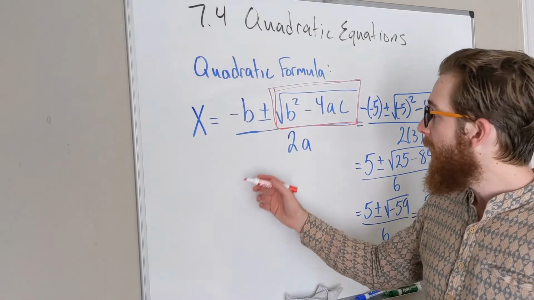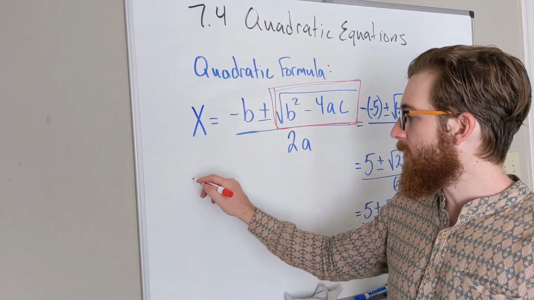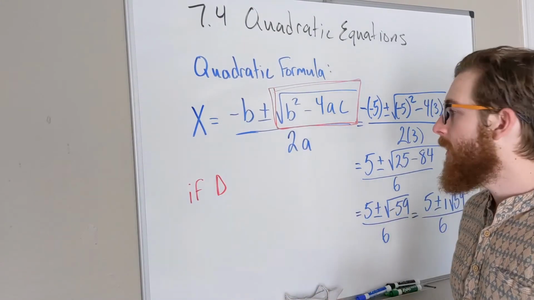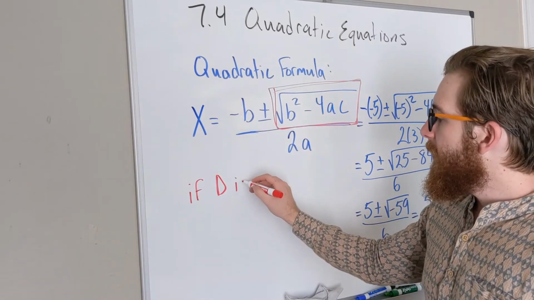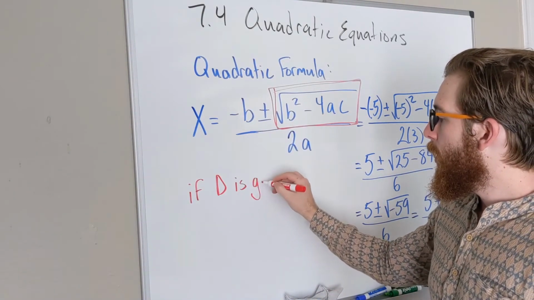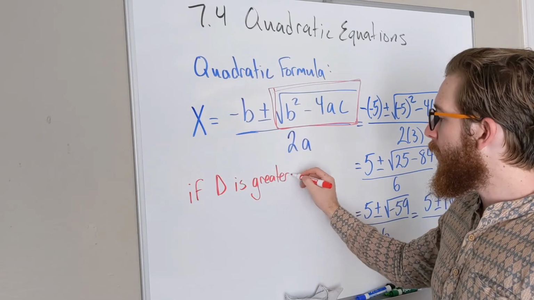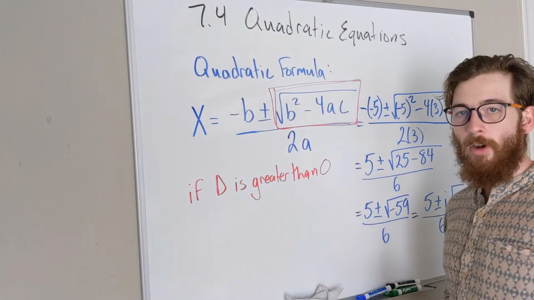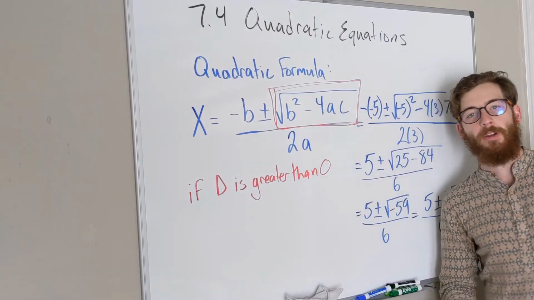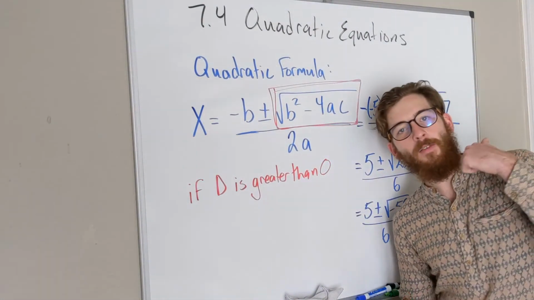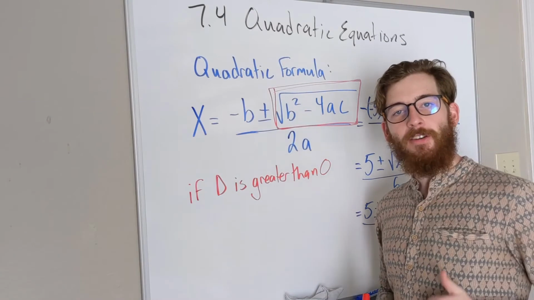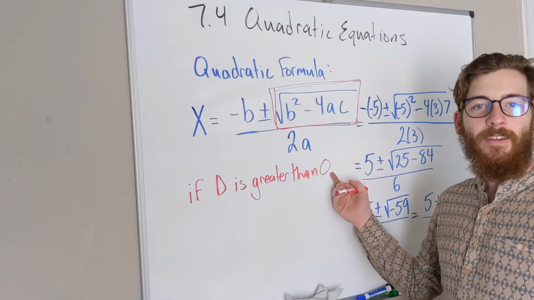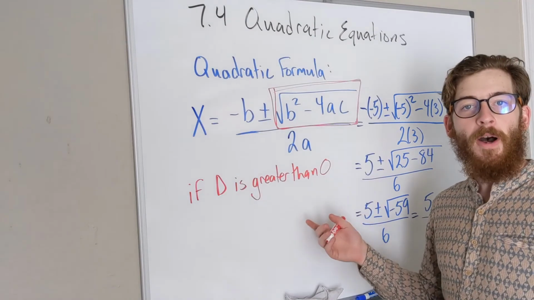So let's look. If the discriminant, we'll just say if the discriminant D is greater than 0, if this thing is bigger than 0, will it have real or imaginary solutions? Well, if it's bigger than 0, is it negative? No, it's positive.